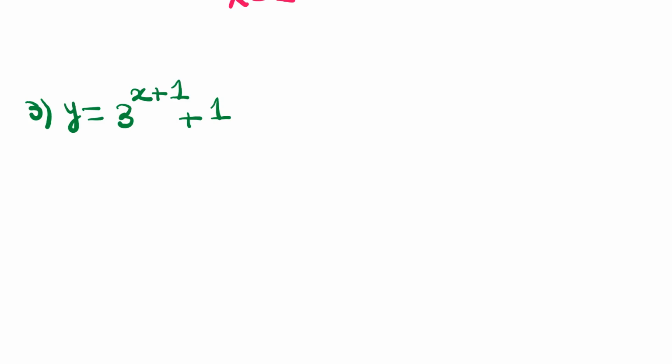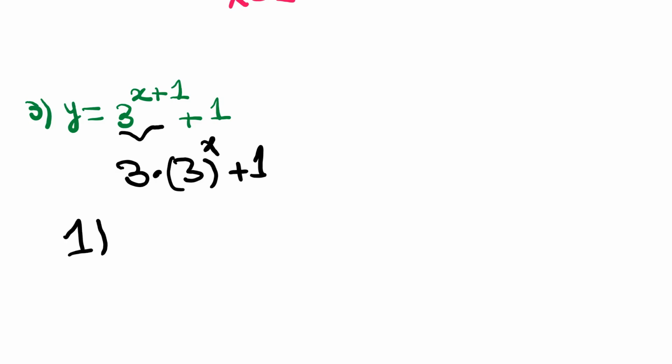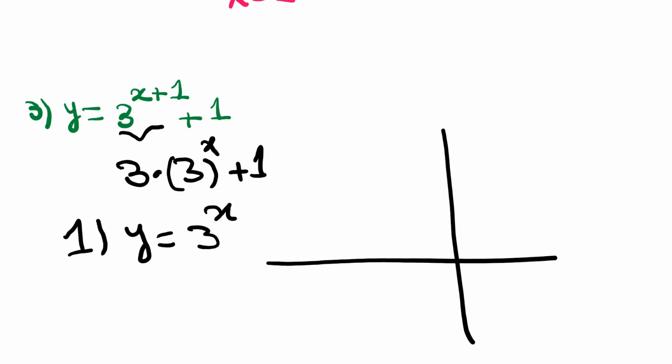Yes, at the first, instead of this, I write 3 times 3 to the power x plus 0. Okay, at the first, I draw y equals 3 to the power x, something like this.